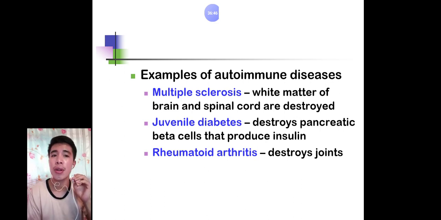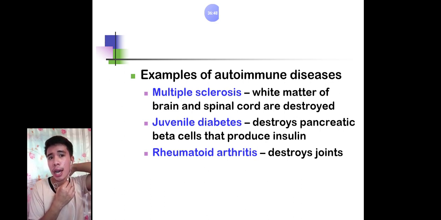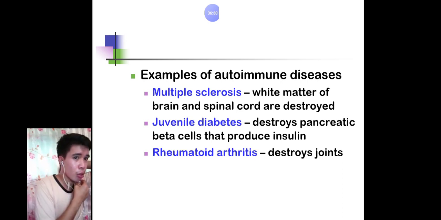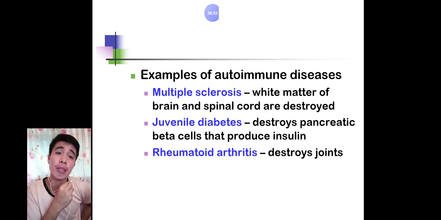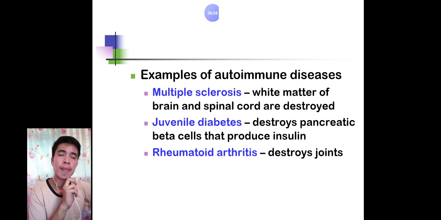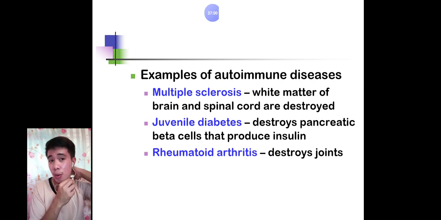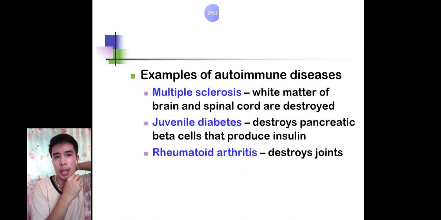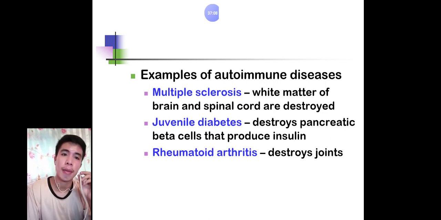So, mao ni siya ang white matter diri dapat sa ato ang brain and to the spinal cord. Pag madaot ni siya, it can cause disabilities. Pwede ta ma-destroy ang mao siya ang ginatawag og white matter nga nagkupot sa spinal cord into our brain. Pag ma-destroy na siya, ma-disable ka, it's possible talaga.